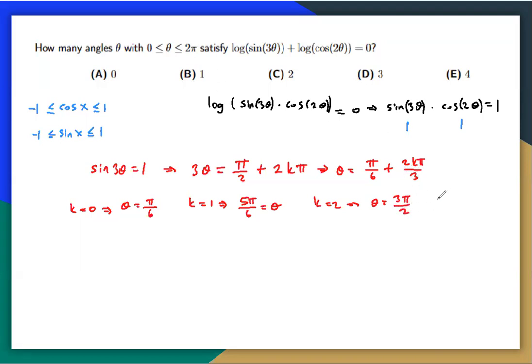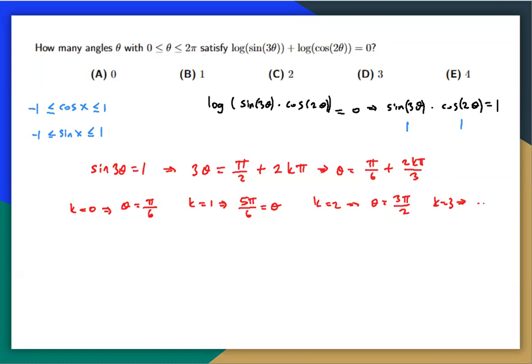And if I choose the next one, k equals 3, you can cancel 3, so that should be 2 pi plus pi over 6, which is already larger than 2 pi. So there is nothing from this.